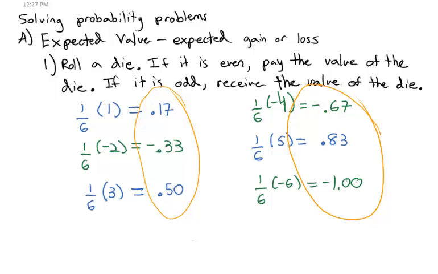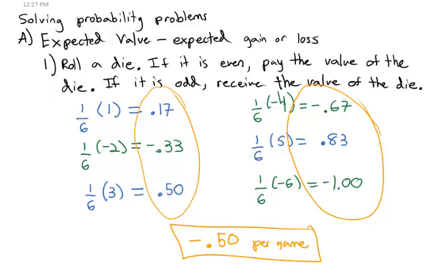We find out on average you are losing 50 cents per game. What this is saying is, if you play this game a lot over the long term, you will end up with an average loss of 50 cents per game. You will come out behind. So if you play this game 10 times, you would expect to lose $5.